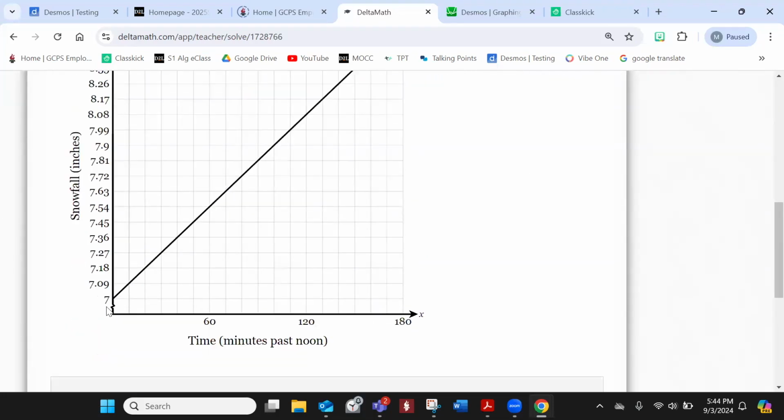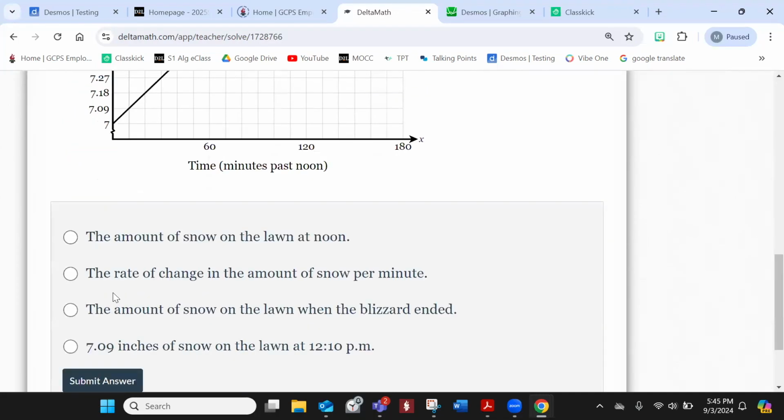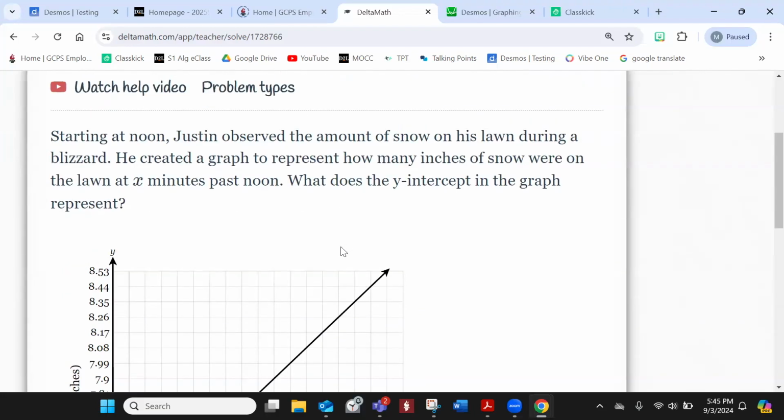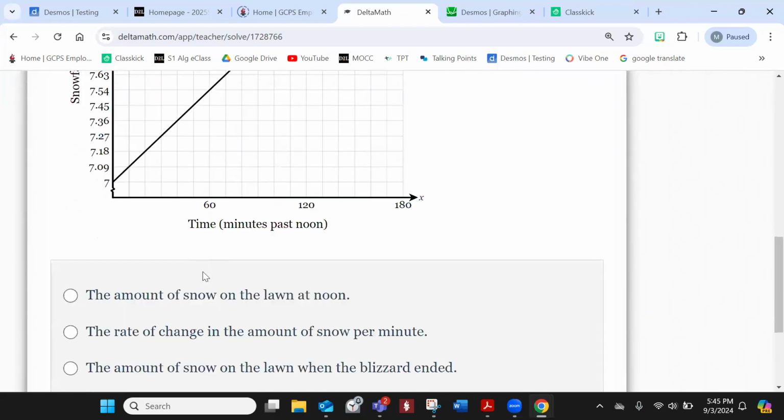Remember, the y-intercept is your initial amount. So basically, before this blizzard, there was already 7 inches of snow on the ground. That's what this point tells us. That's our starting point. So let's see which one says that. The amount of snow on the lawn at noon. Okay, it says starting at noon, so maybe. Let's look at the other ones.